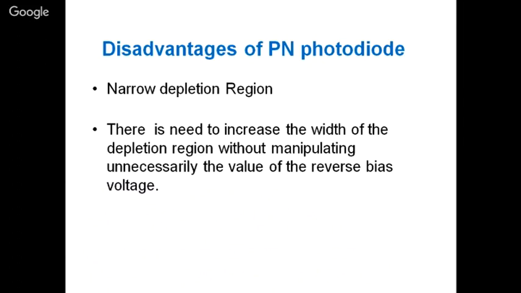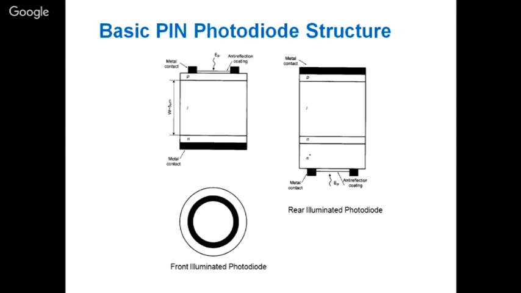The PN junction has a narrow depletion region. There is a need to increase the width of the depletion region without unnecessarily manipulating the value of the reverse bias. So they came out with something called the PIN configuration. I stands for intrinsic.